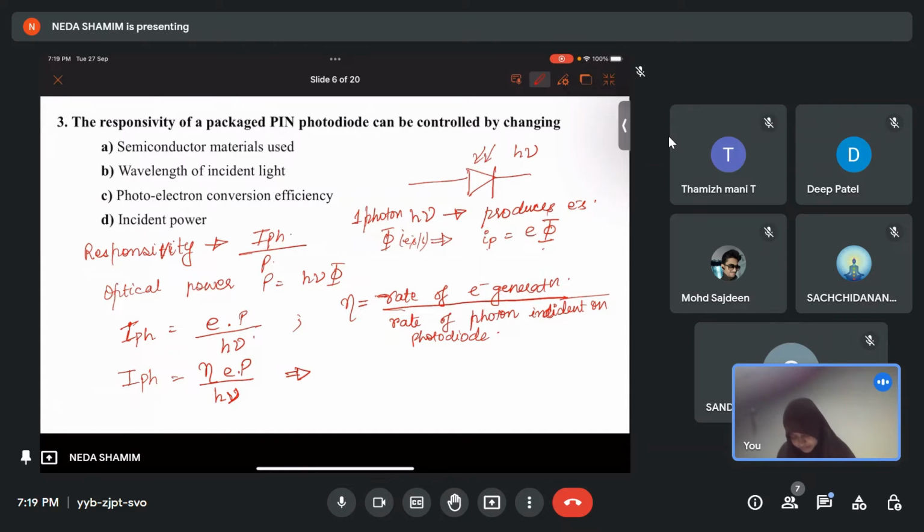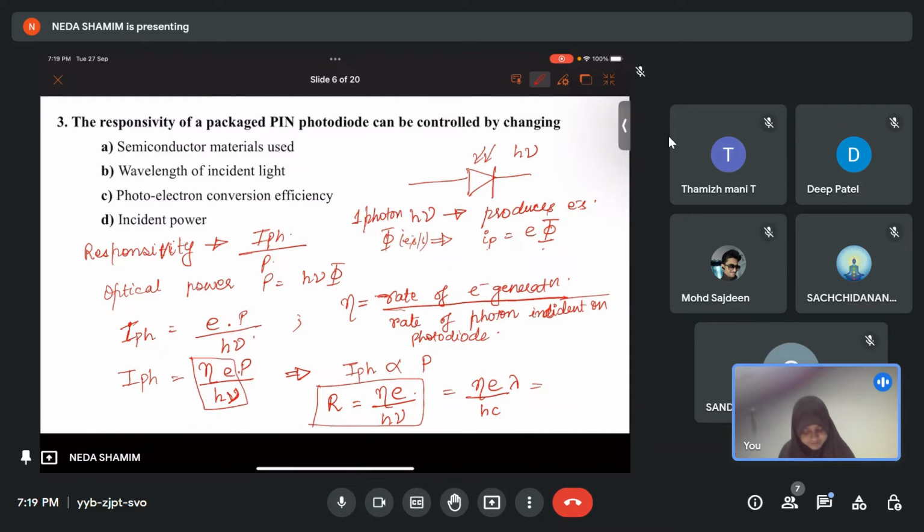Now I see that the photocurrent produced is proportional to the incident power. This proportionality constant is known as the responsivity. We can write it in terms of the wavelength: eta e by h c times lambda, and if we convert e by h c, that will be 1.24.